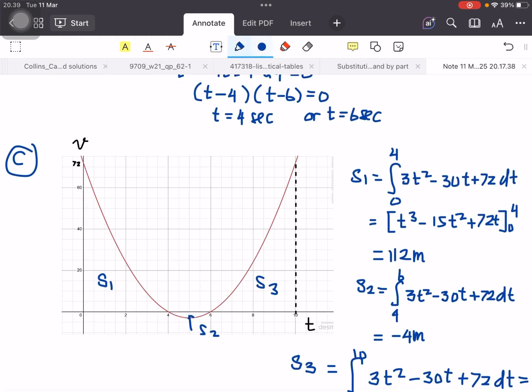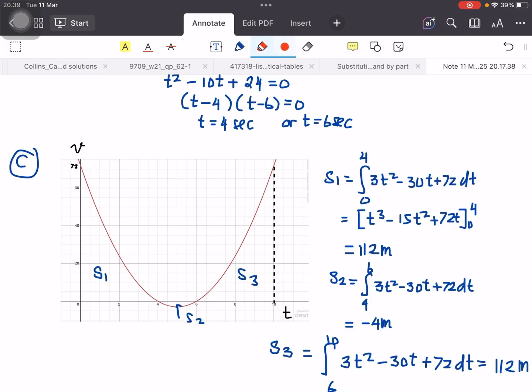So this is the graph of velocity versus time, and we know that there are two instances at which the velocity is 0, t equals 4 and t equals 6. And then to find the total distance, we can find the value of S1, S2 and S3 by finding the area under the curve using integration.